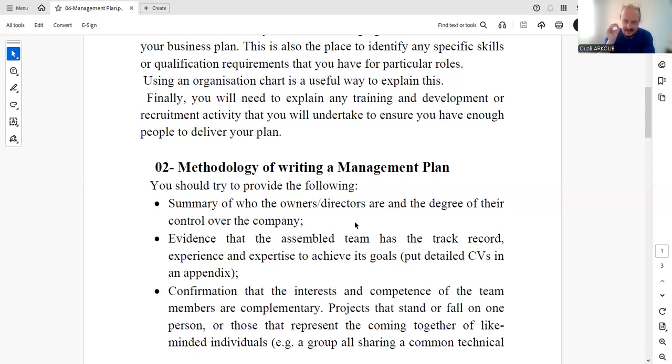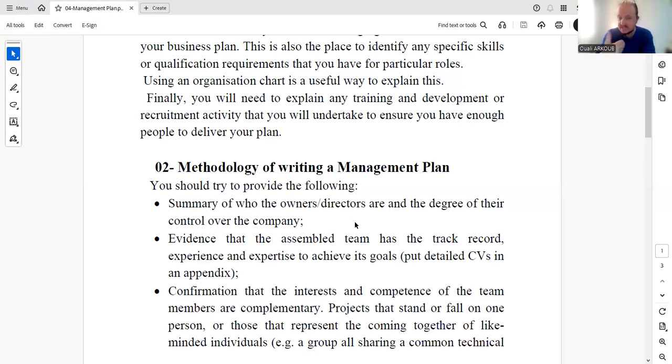Confirmation that the interests and competence of the team members are complementary. Okay, the complementarity of the competencies and interests of the management team is very important, is crucial here.